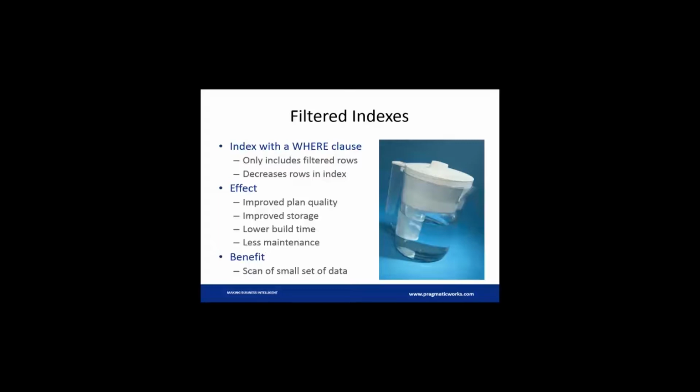One is you're going to be able to improve your plan quality because you may have a situation where you wanted to only pull back results for California, but whenever you pulled up for California, you always ended up with a scan because it was so much of the rows in the table that it just fell over from a seek to a scan. Well, filtered indexes is one of the ways that you can help prevent that because you can make an index that just covers for California, and then everyone in California just uses that.